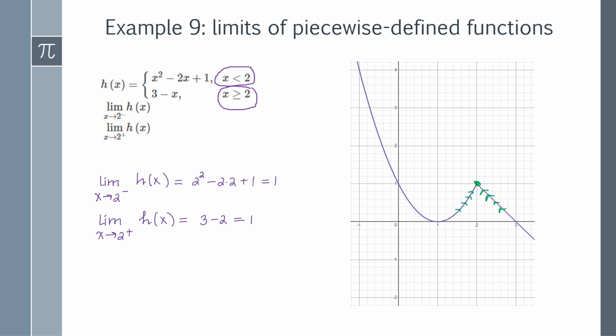We get 1 in each case. All right, so you might have noticed that this problem is slightly different from the one that we've discussed on the previous slide. There is no gap in the graph here, and that's going to be important to recognize for problems where we ask about continuity, which will be our next section.